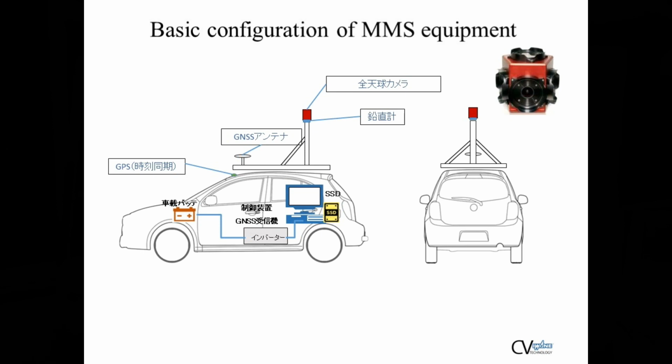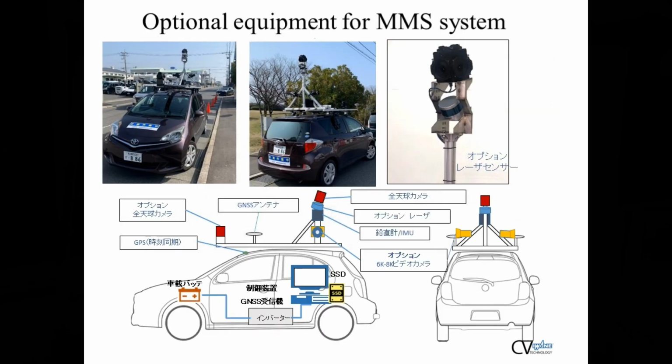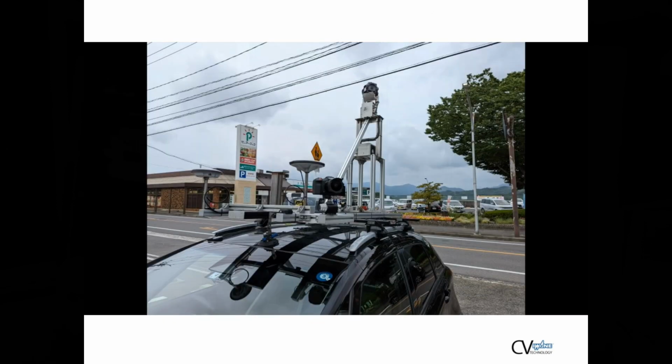A laser scanner, high-precision GNSS, IMU, 8K camera, etc. can be installed as options. The IMU provides navigation prediction in areas where GNSS satellites cannot be received, such as tunnels. Here is an example of an optional vehicle equipped with a laser and high-precision GNSS IMU, as well as an 8K camera.